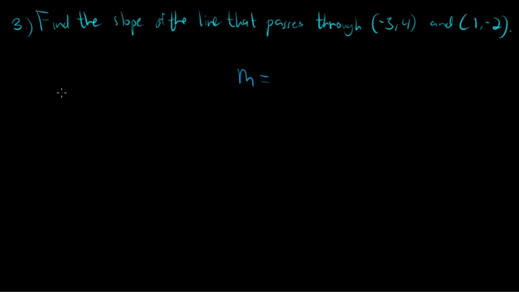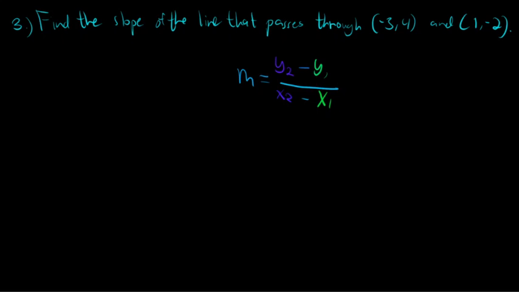The slope denoted as m will be y sub 2 minus y sub 1 over x sub 2 minus x sub 1.